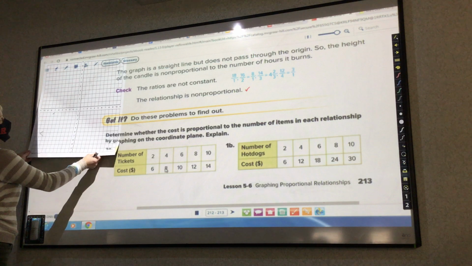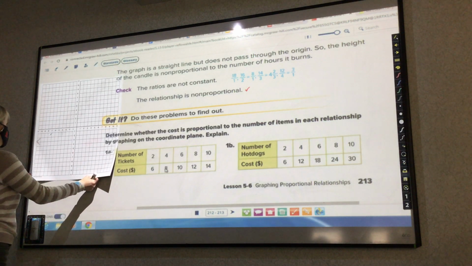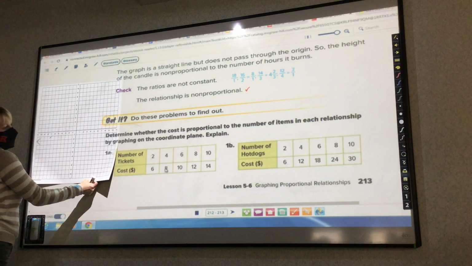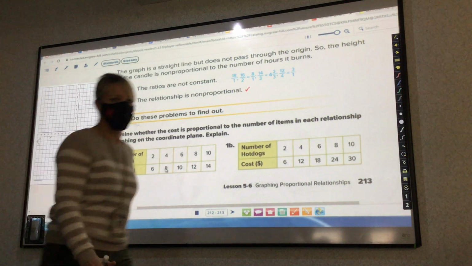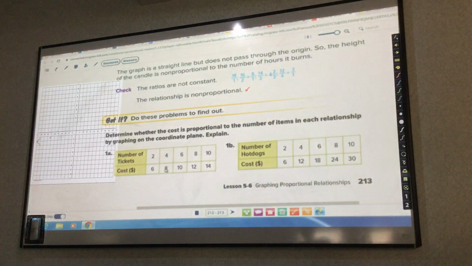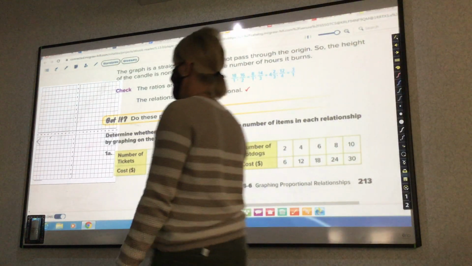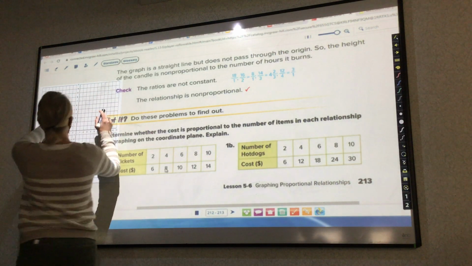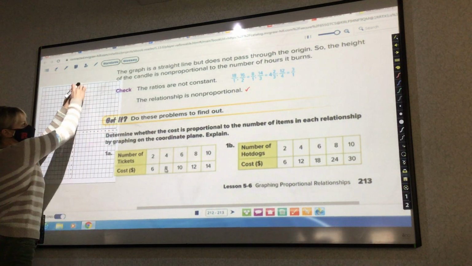Once you're done graphing it, I want you to find the constant. There are no negatives, so your little coordinate graph can just look like this little section here, right?